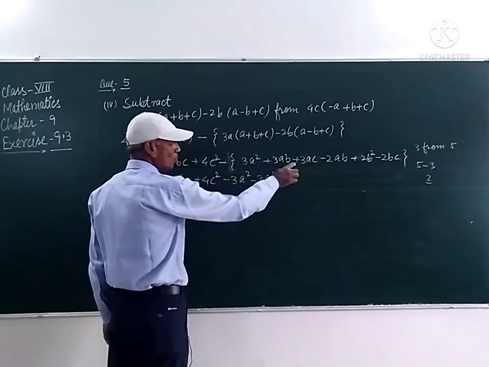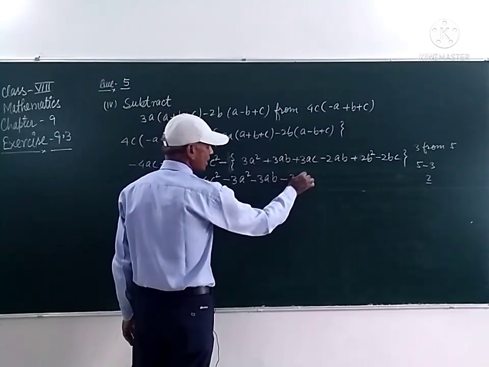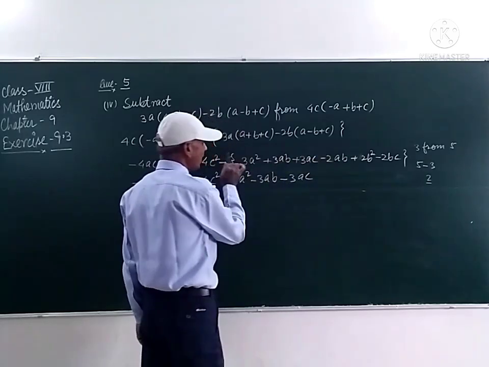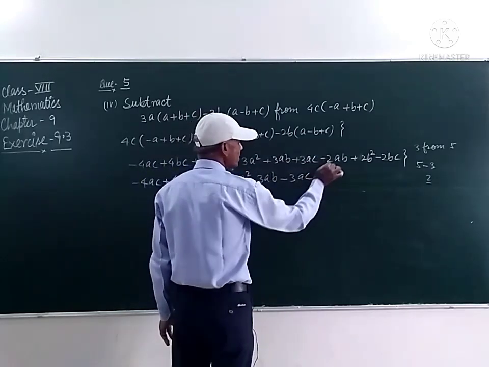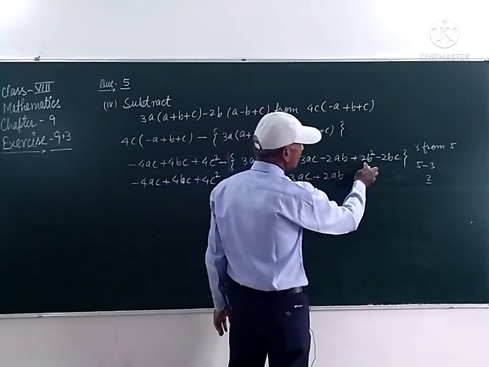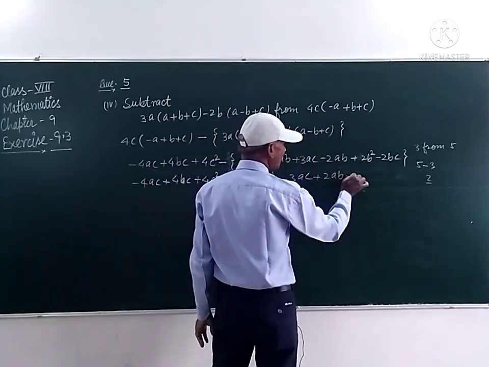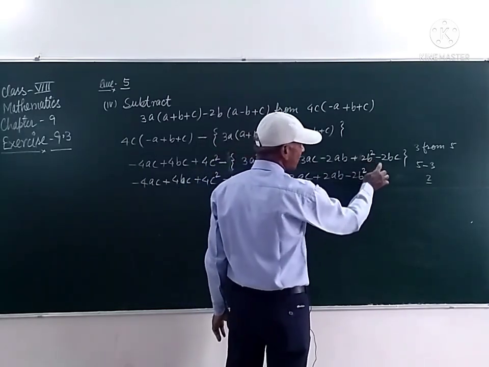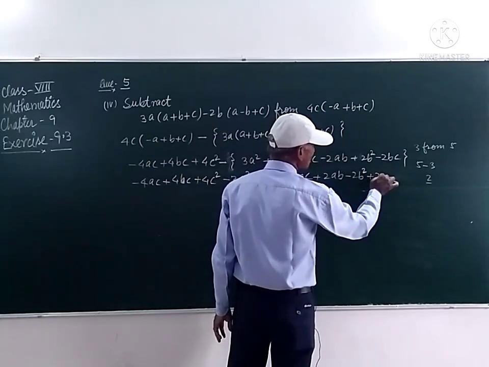Minus into plus, it will be minus 3ac. Again student, minus into minus, it will be plus 2ab, minus into plus 2b square, it will be minus 2b square, and minus will be plus student, and it will be plus 2bc.